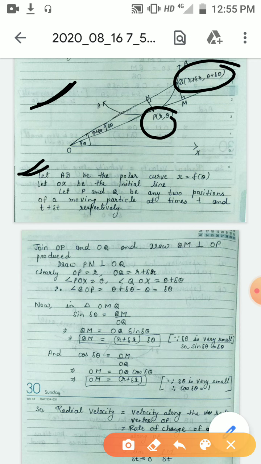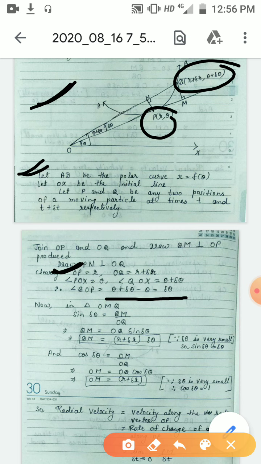Then clearly OP is equal to r and OQ is equal to r plus delta r. Angle POX is theta, angle QOX is theta plus delta theta. So angle QOP is theta plus delta theta minus theta, that is equal to delta theta.